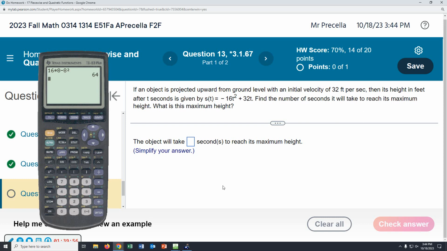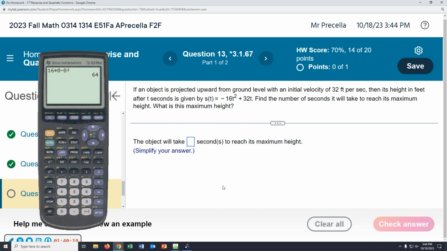It's T for time. The height is S of t equals negative 16t squared plus 32t.